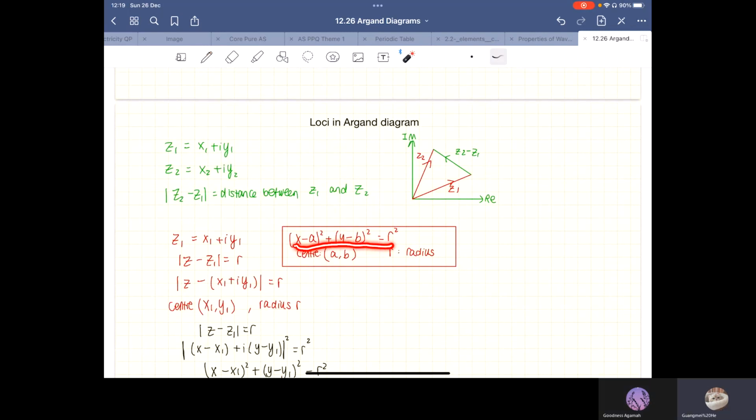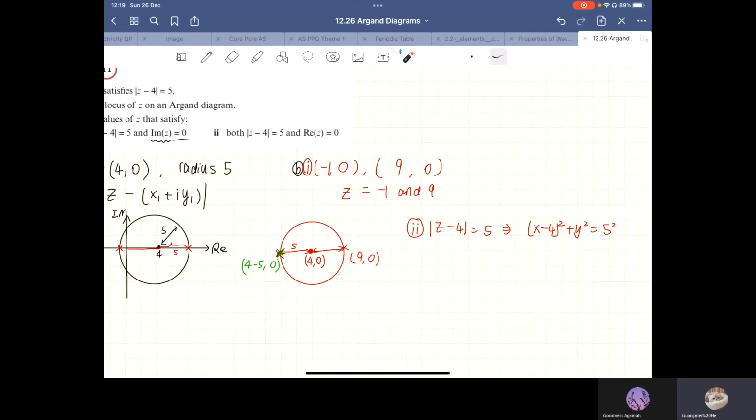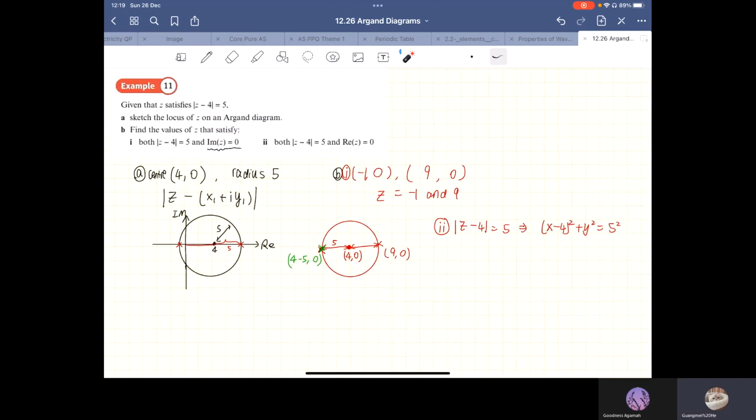This is the equation of a circle. If we know its center, we know its radius, we can work out the equation of the circle. And according to here, we do know the center of the circle. It's 4, 0. And the radius is simply 5. So because 4, 0 is the center, we just do x minus 4 squared. And then y minus 0 squared, because it's minus 0, we ignore. So just y squared is equal to 5 squared, because that's equal to radius squared, according to the equation given.